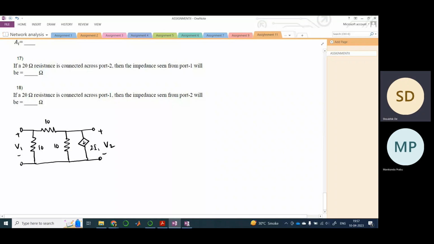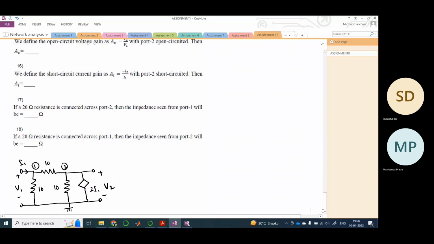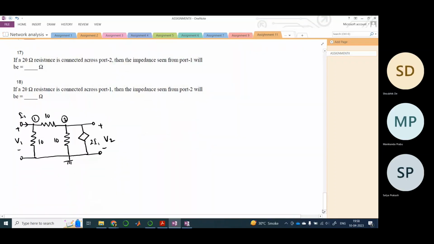Now simple, we directly apply KCL, right? So of course this is I1. This is node 1 and this is node 2, right? This is pointing upwards, right? So basically I1 is getting divided into these two parts.